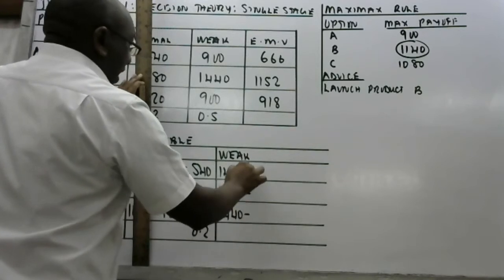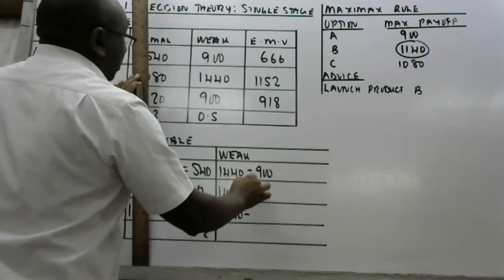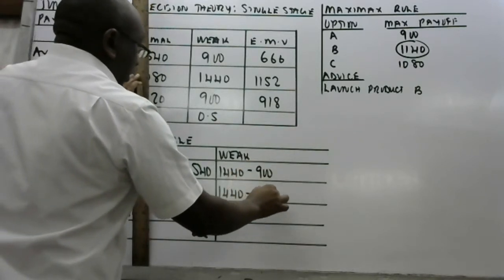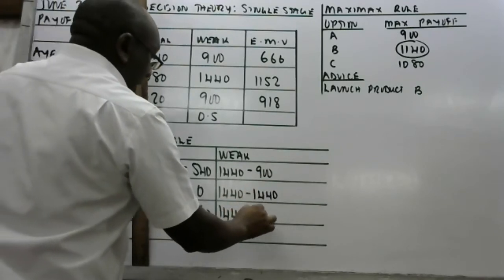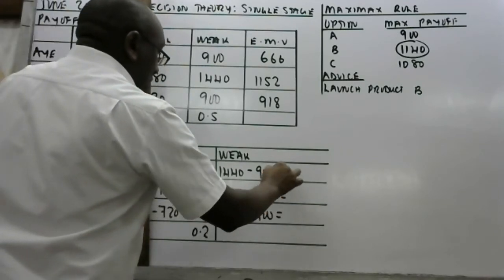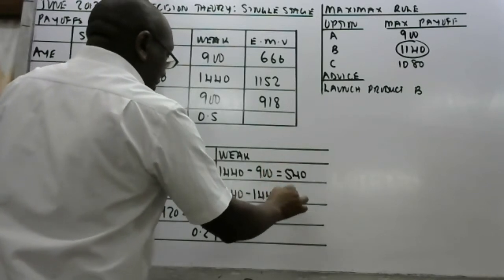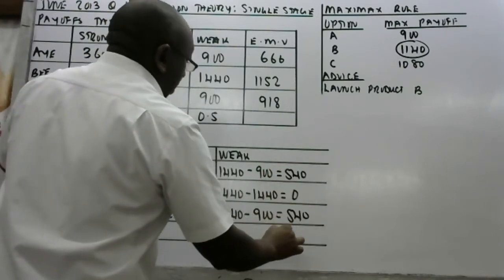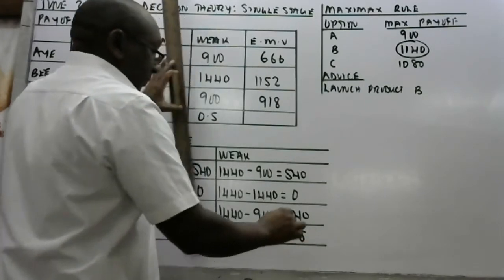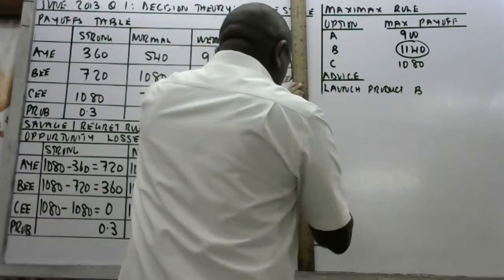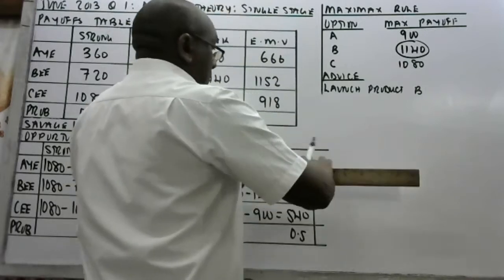You minus the others, which are 900 and 1440. So this one must be 540, then 0 and 540, with a probability of 0.5.